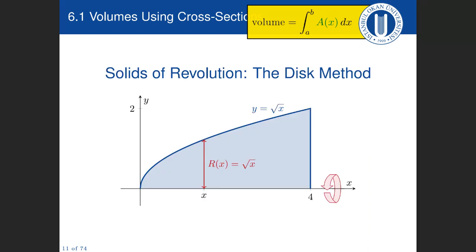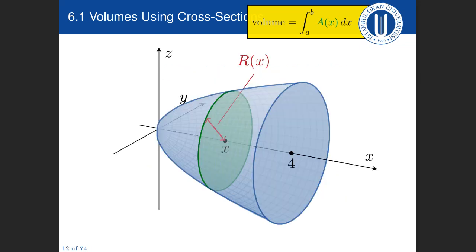My next idea is solids of revolution. And the first thing we'll look at is the disk method. Let's suppose we have a region in the xy plane, like this one, say, and then let's suppose we hold the x-axis and we rotate this around in three-dimensional space to obtain a three-dimensional object like this.